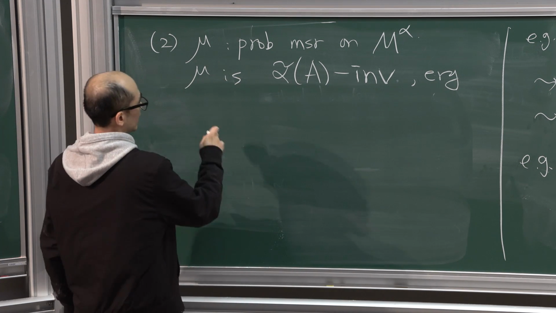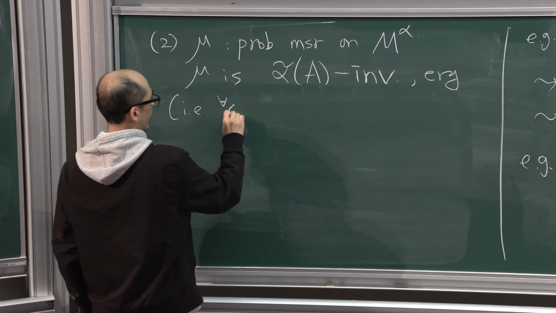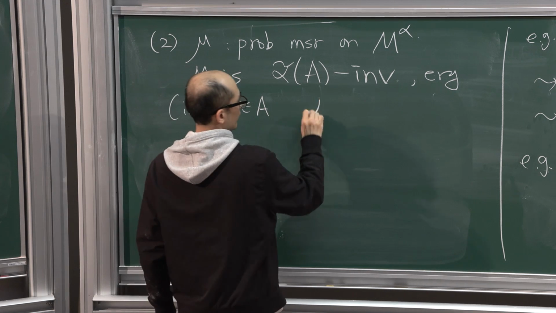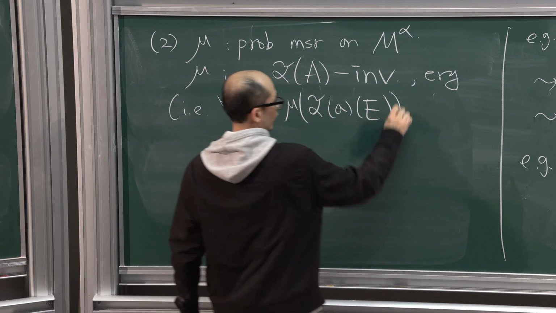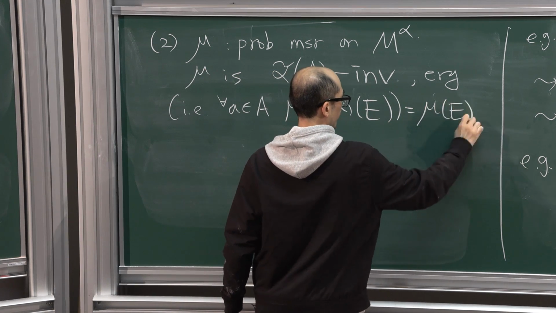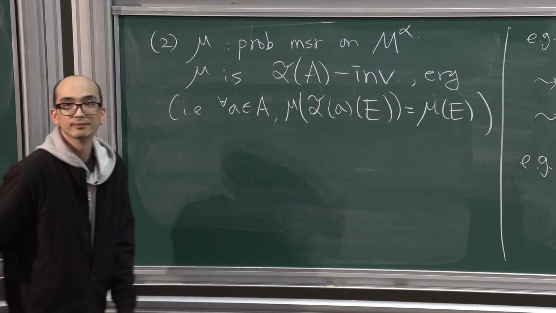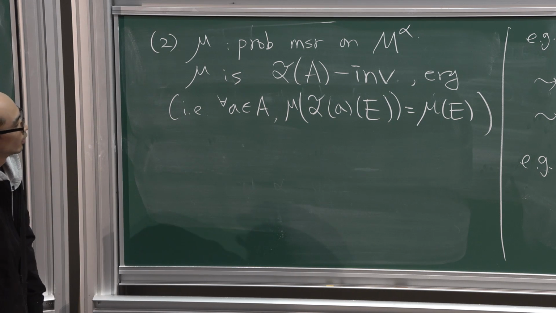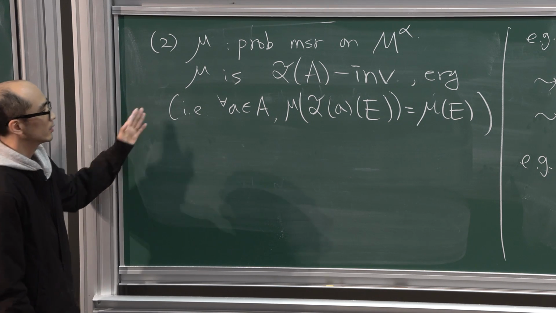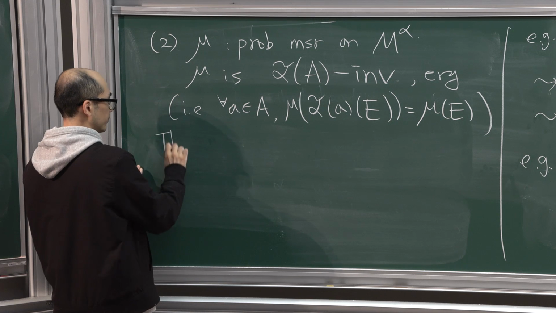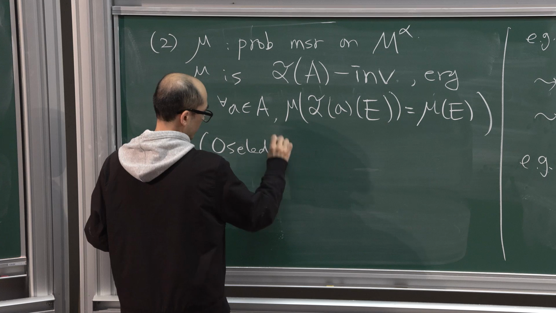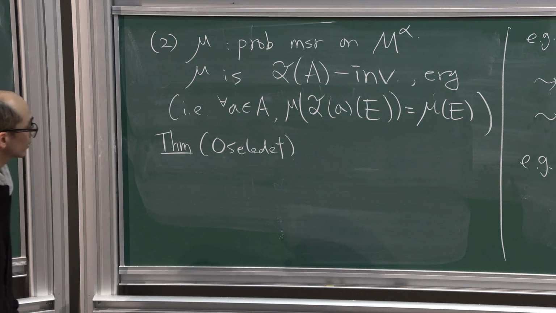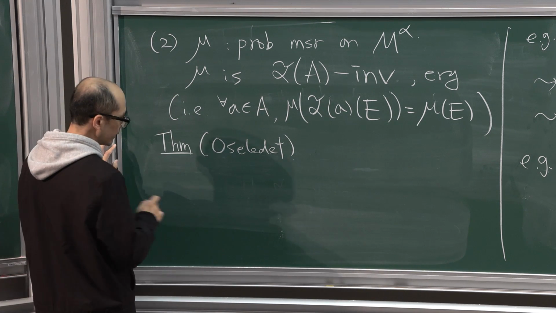Alpha tilde A invariant means that for every a in A, alpha tilde of a of E has the same mass as E for a measurable set. So now, the Oseledets multiplicative ergodic theorem really tells you the following.